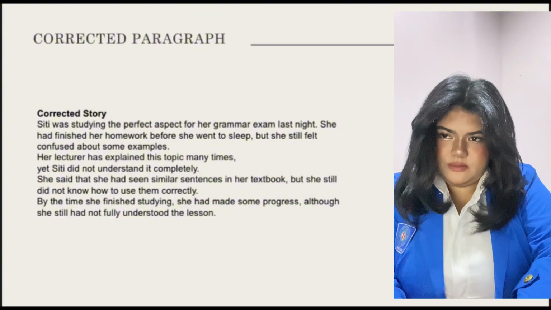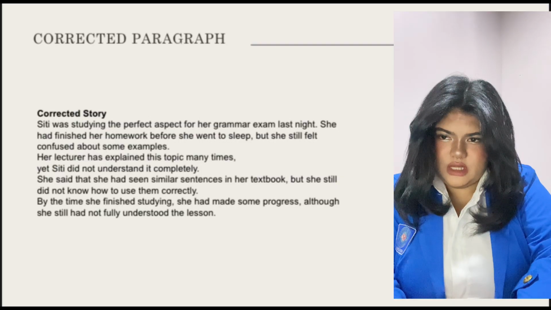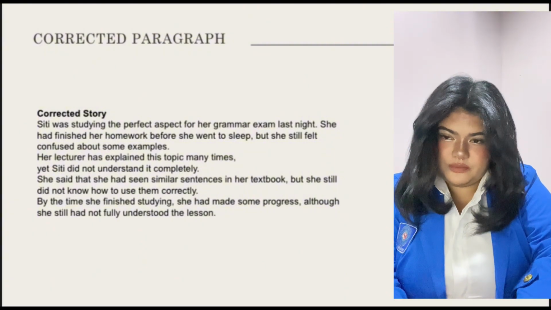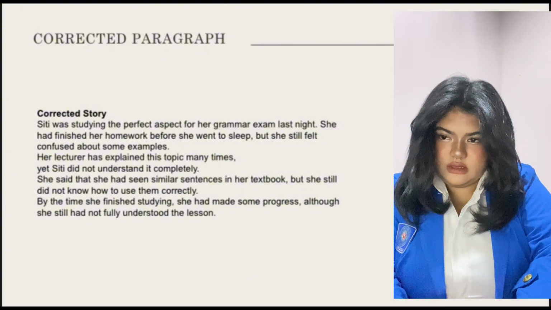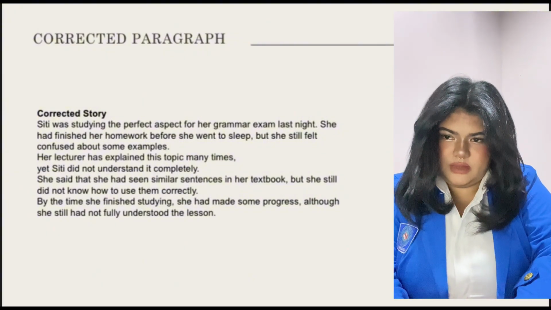So the corrected paragraph is: Siti was studying the perfect aspect for her grammar exam last night. She had finished her homework before she went to sleep, but she still felt confused about some examples. Her lecturer has explained this topic many times, yet Siti did not understand it completely.